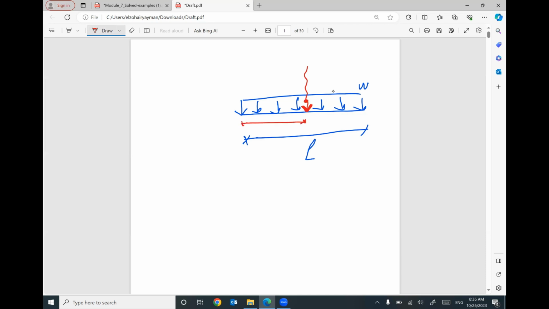So it will be at half span, L divided by 2 and L divided by 2. The value for this equivalent load will be the value of the distributed load W times the total length of the distributed load L. Does that make sense?